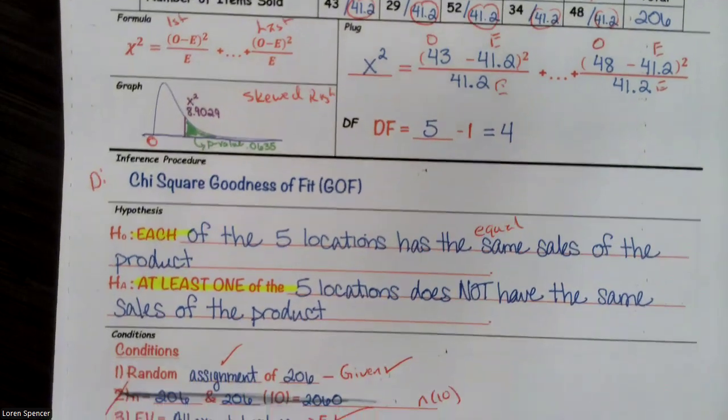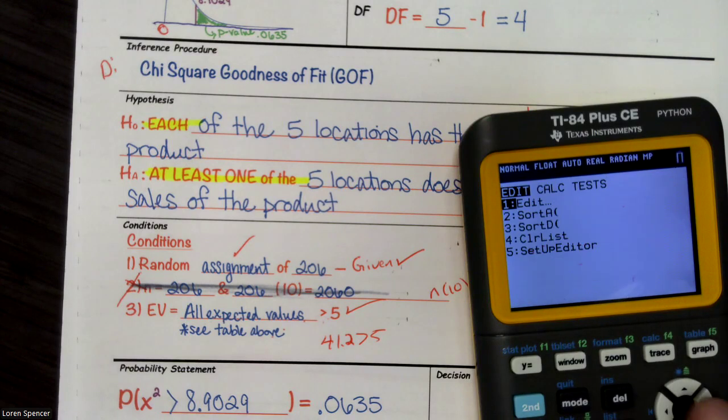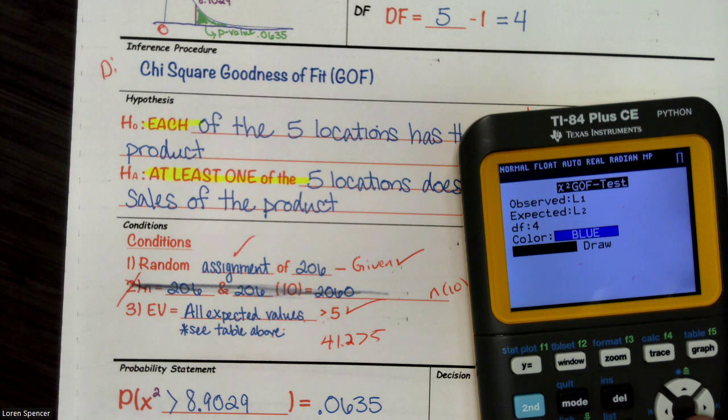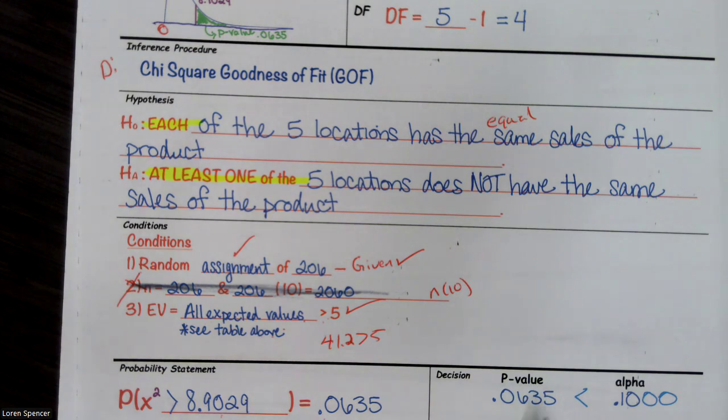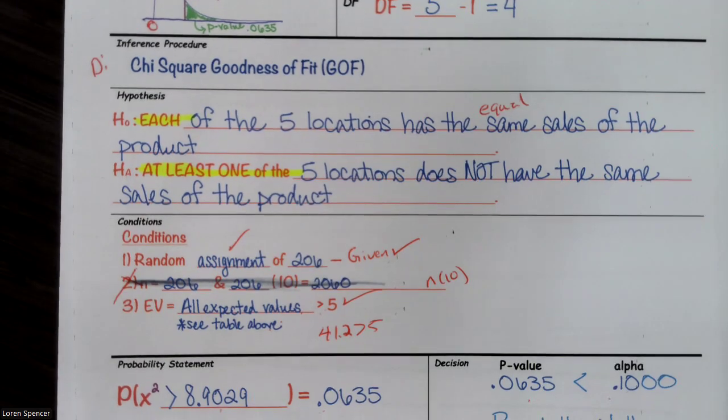Those are our expected values. All right. So we ran the test. And we got a chi-squared of 8.9 and a p-value of 0.0635. Okay. And 0.0635 is less than our alpha of 0.10. So we reject the null.